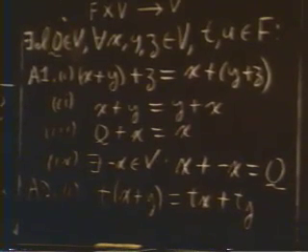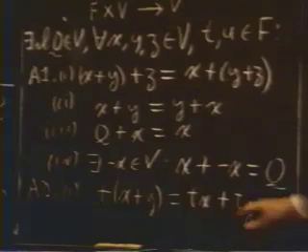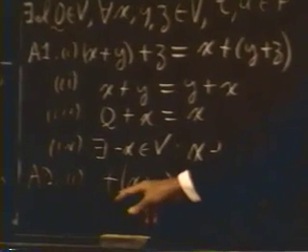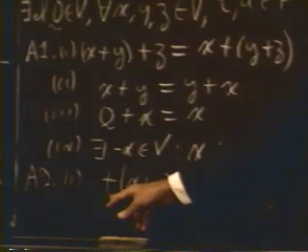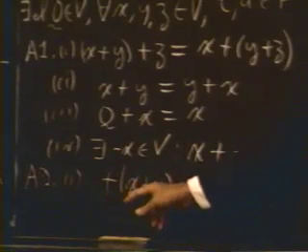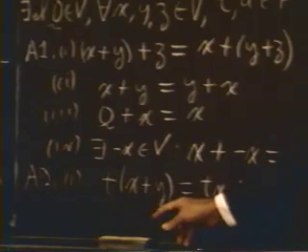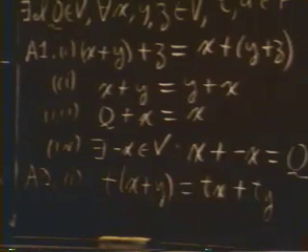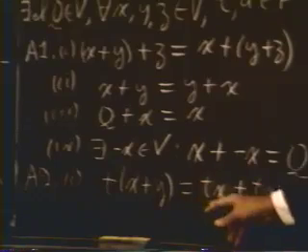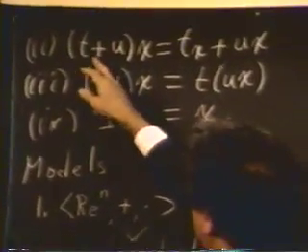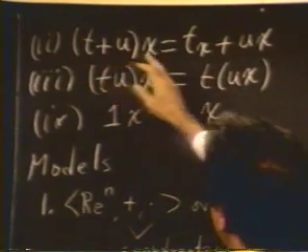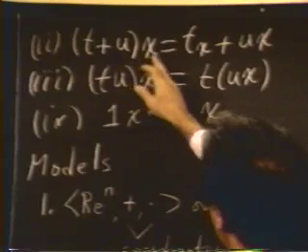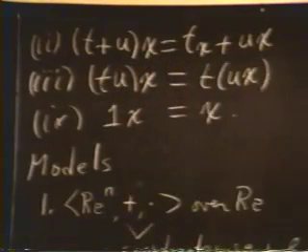The second axiom are the familiar axioms governing scalars. The first property is that the multiplication of any sum x plus y of vectors by a scalar t is distributive. It's equal to tx plus ty, and correspondingly the distributive property of multiplication by an addition of two scalars, t plus u times the quantity x is equal to tx plus ux.